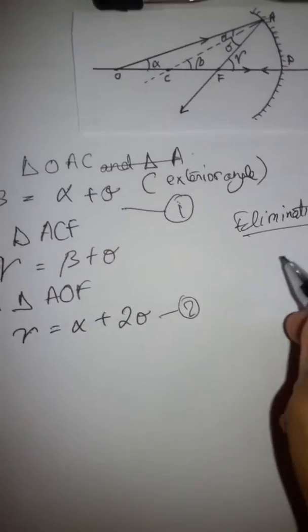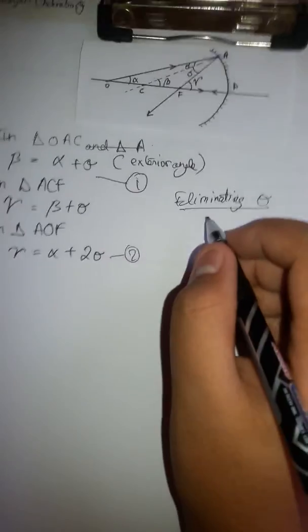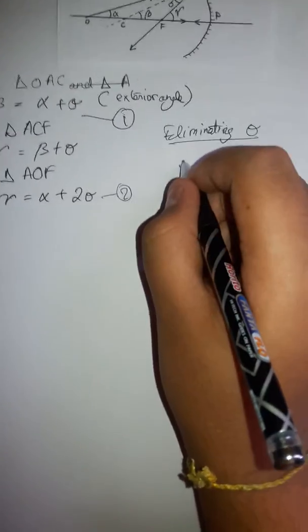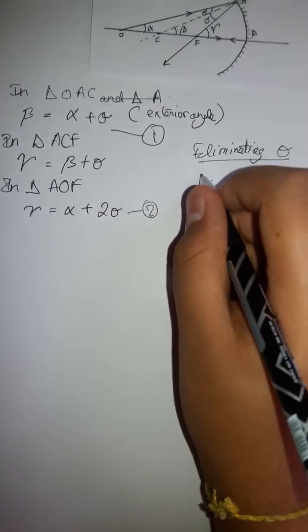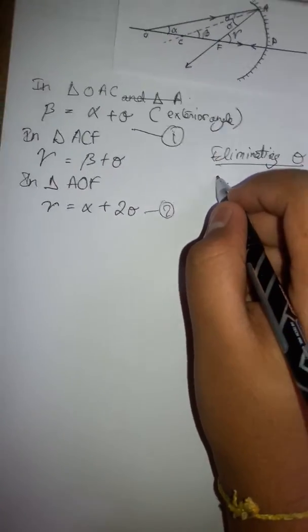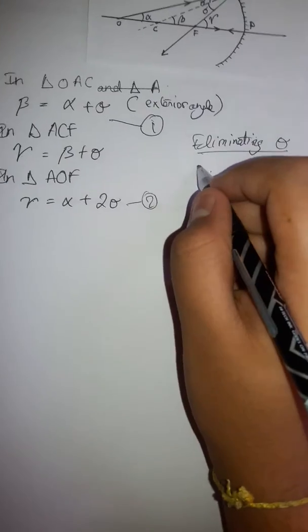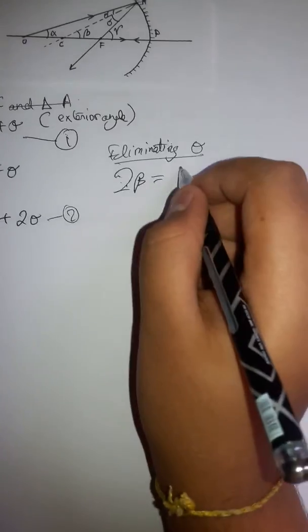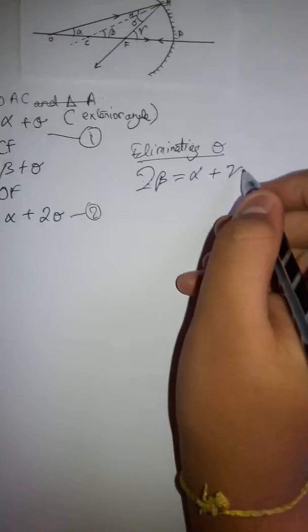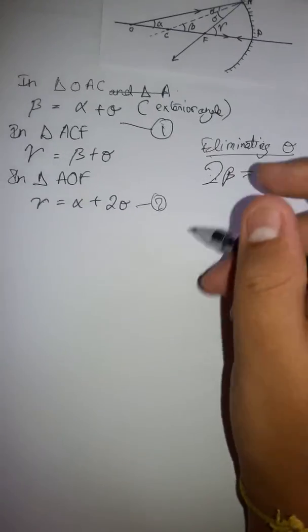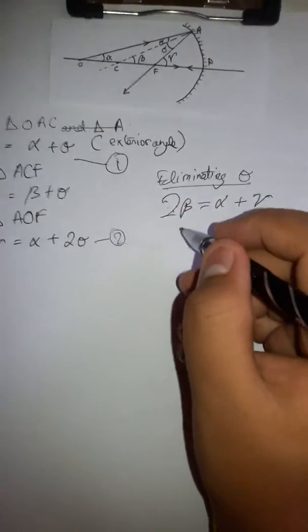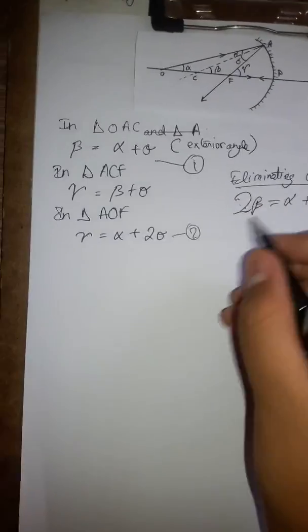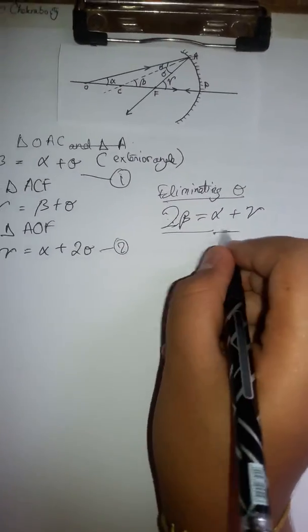How to eliminate theta, you would ask. After eliminating, it will look somewhat like this: 2 beta equals alpha plus gamma. This will be the result after eliminating theta. You know how to eliminate, right? This is 11th class, so I won't be repeating this. This will be the elimination.